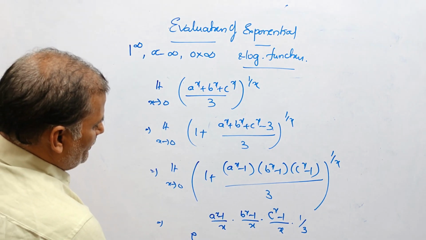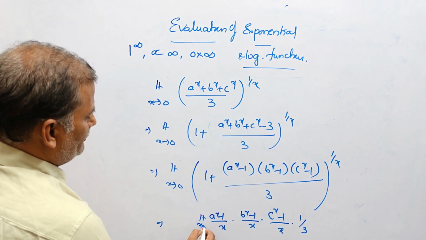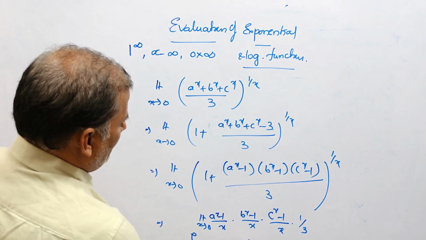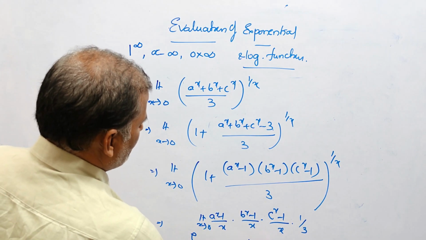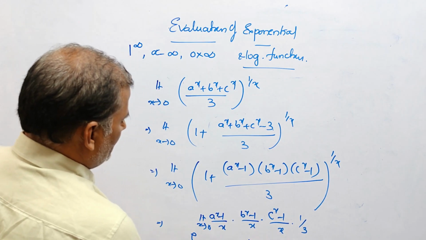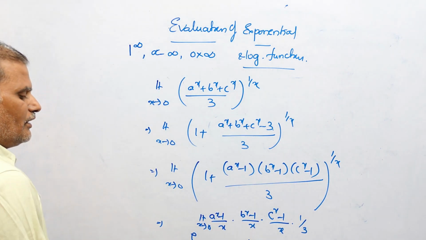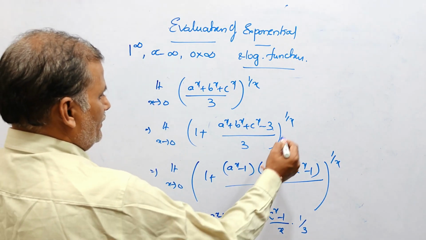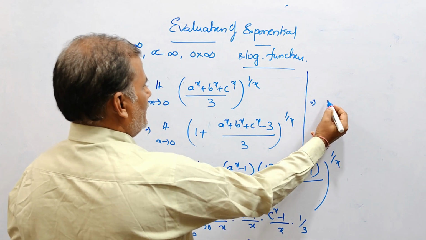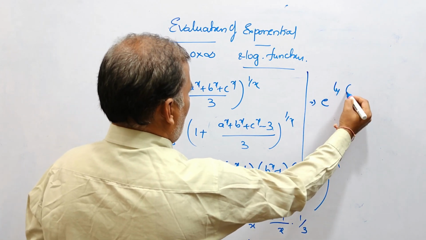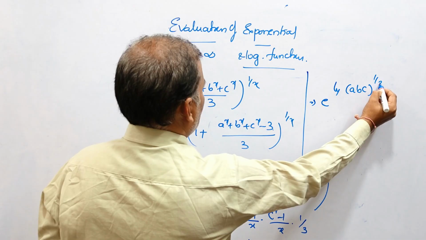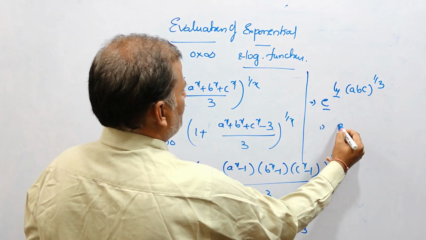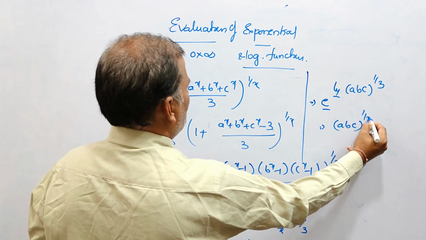Now this can be written as e power, limit x tends to 0, a power x minus 1 by x means log a base e, and this is log b base e, and this is log c base e, into 1 by 3. Here log a plus log b plus log c, because the bases are equal, therefore e power log abc power 1 by 3. Now e and log both cancel. Our answer is abc power 1 by 3.